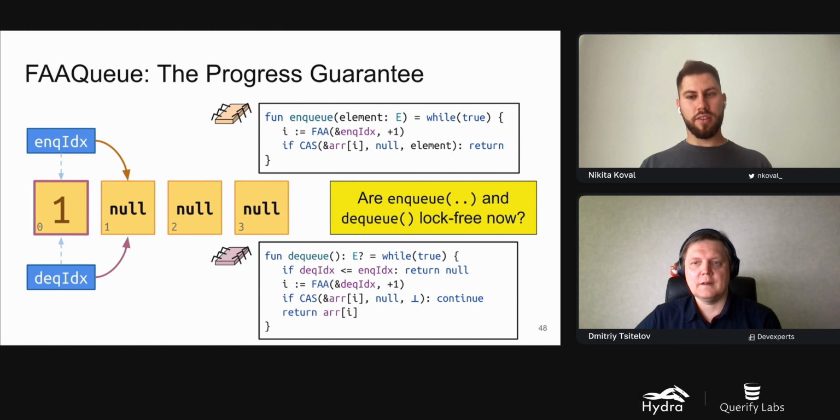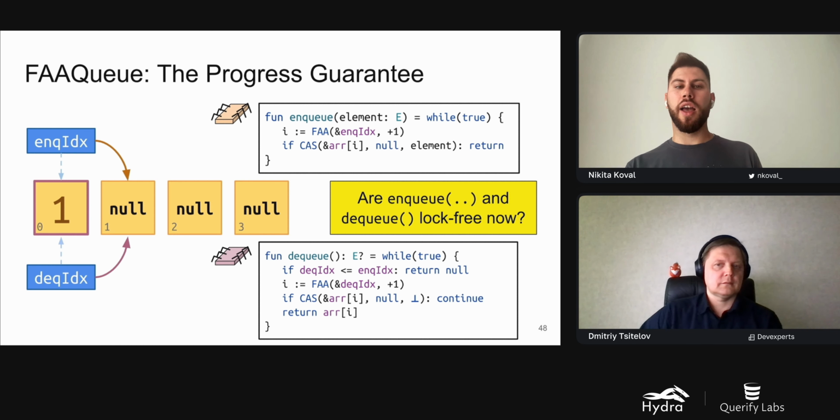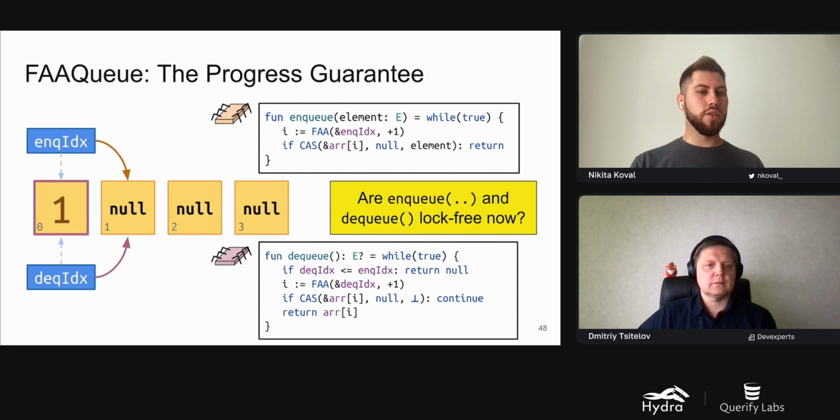So it seems that it's non-blocking, but it's not lock-free, because it's possible that enq increments the counter, then deq starts, it also increments the counter, poisons the cell, then enq continues, it detects that the cell is poisoned, so it starts from the beginning, it increments the counter, and then the execution goes to deq again, and it can be an infinite process.